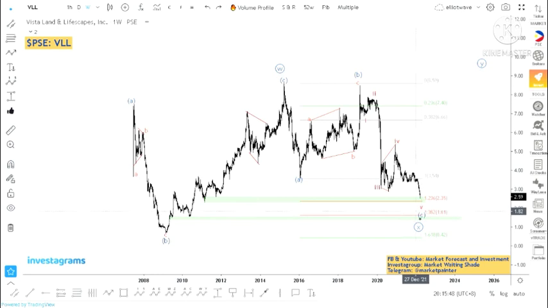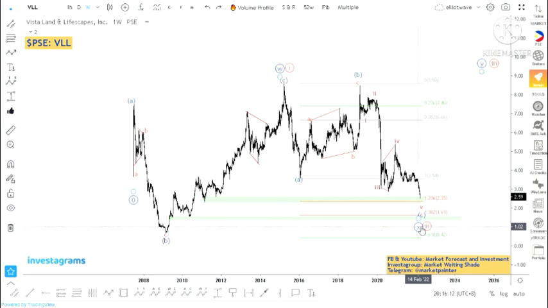Instead we label it with WXY just to illustrate the different wave formations and their relations to the bigger waves. But one thing is certain: once this wave X is completed, we are heading to the wave Y direction.